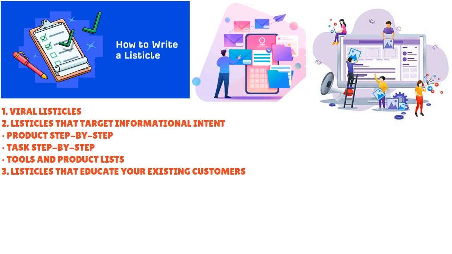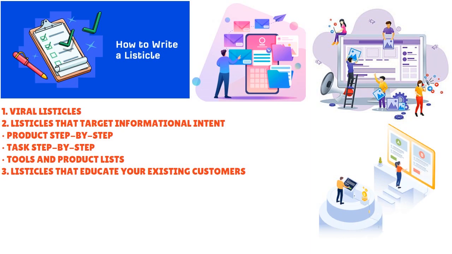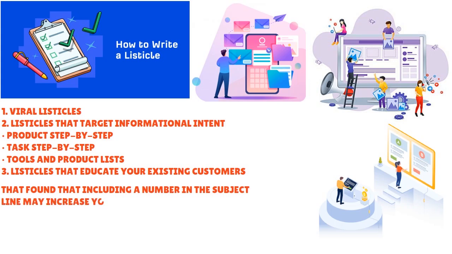Especially when it comes to email marketing, the magic behind including a number has been demonstrated by an A/B testing study from Campaign Monitor, the email marketing software, that found that including a number in the subject line may increase your open rate by 57 to 63%.